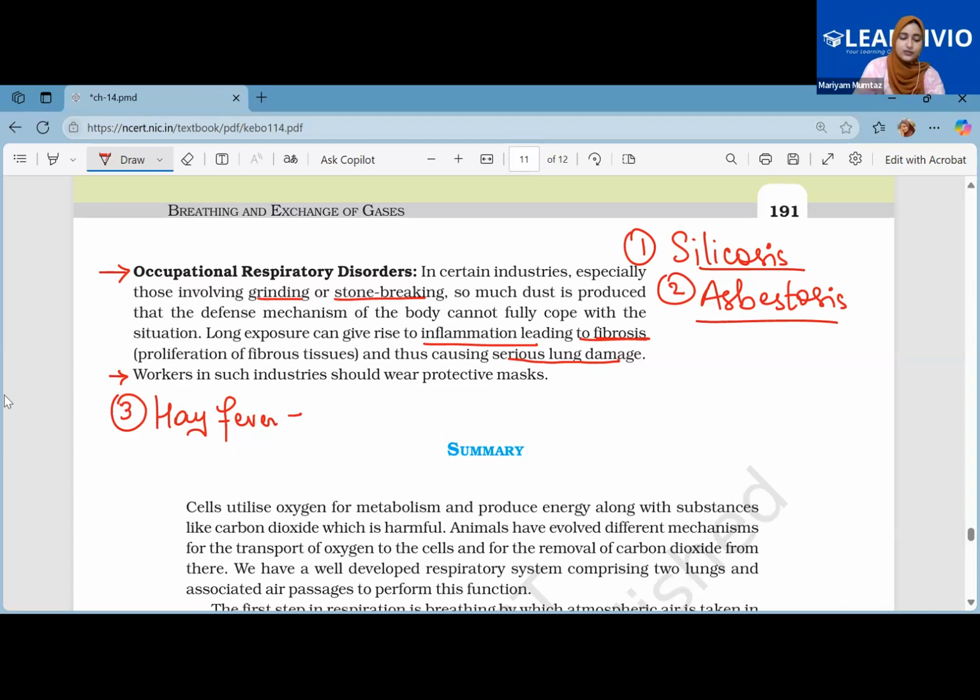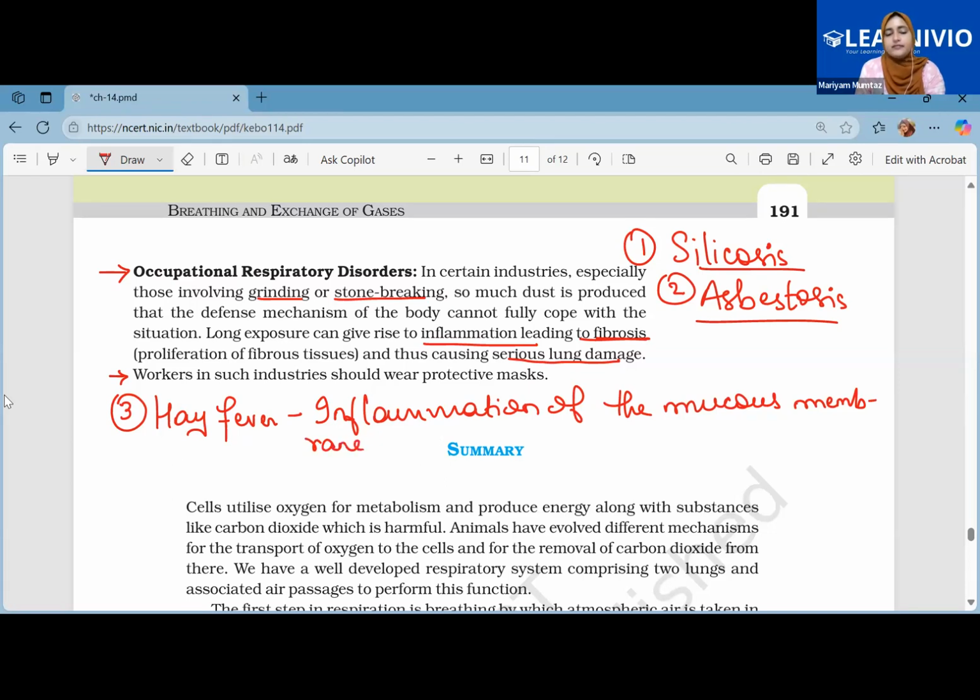In their cases, the mucous membrane of the upper respiratory surface gets inflamed. So hay fever is the inflammation of the mucous membrane of the upper respiratory system.